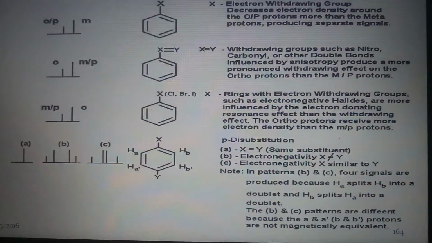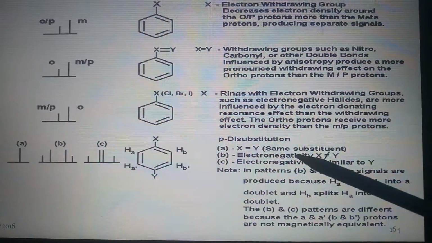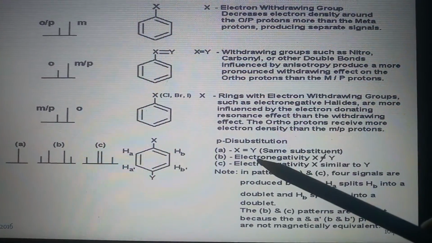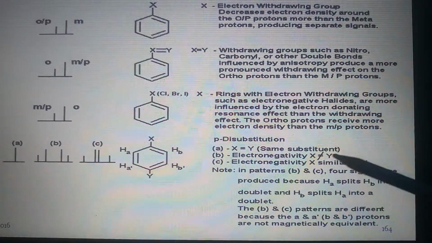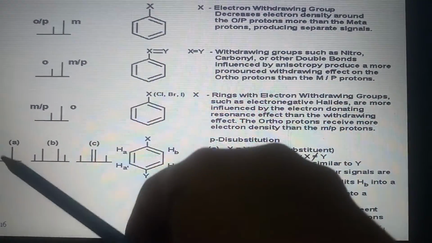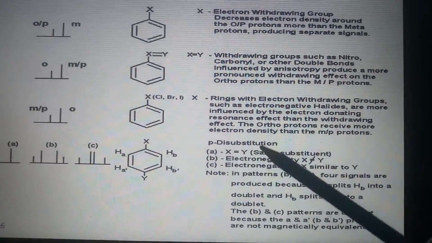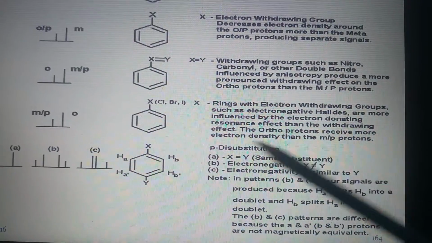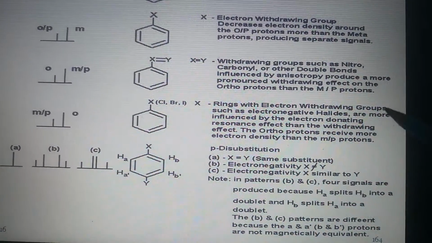In the case of para-disubstitution, A is X equal to Y, the same substituent, B is electronegativity X not equal to Y, and in the case of C, electronegativity X is similar to Y. If X equals Y, we will get a singlet.